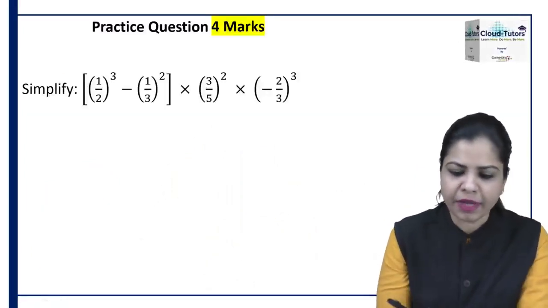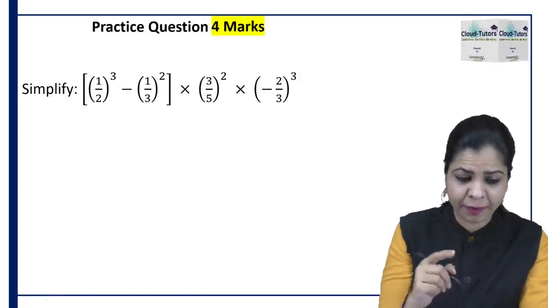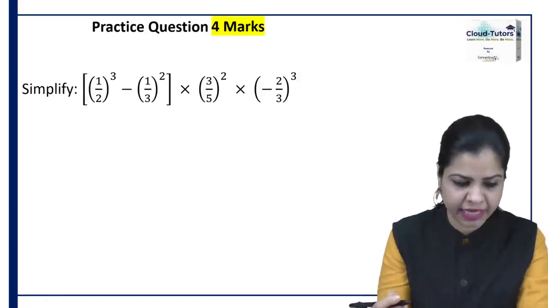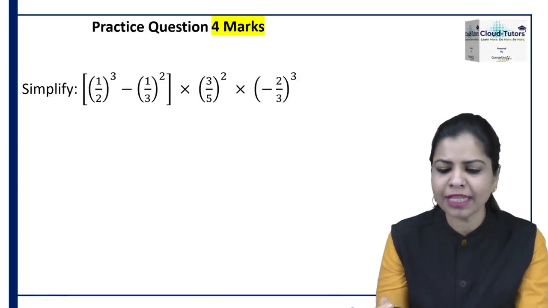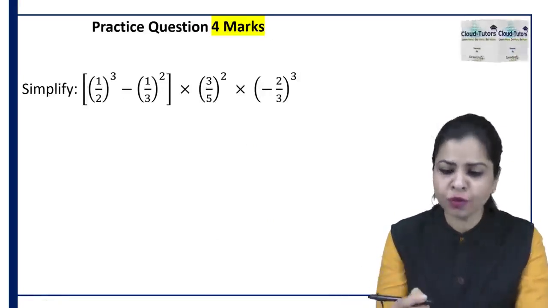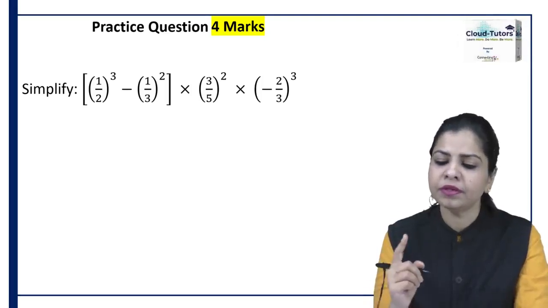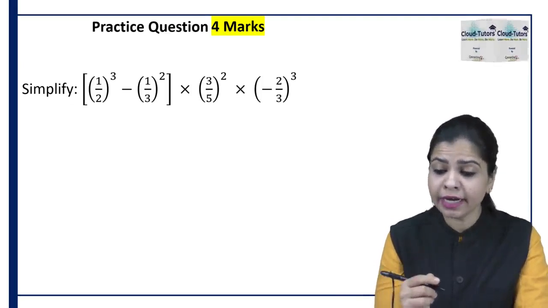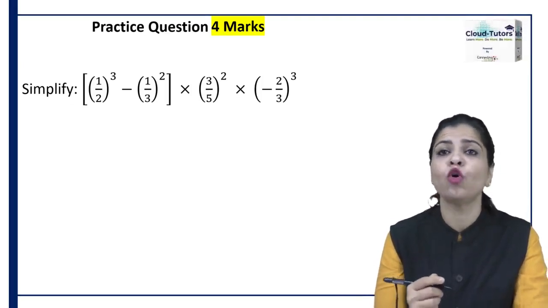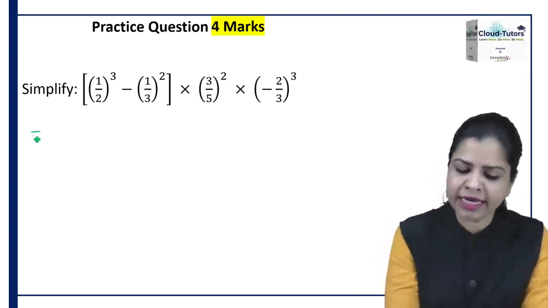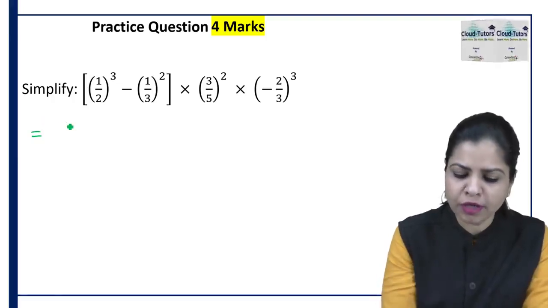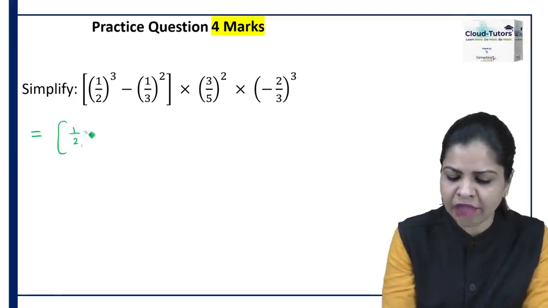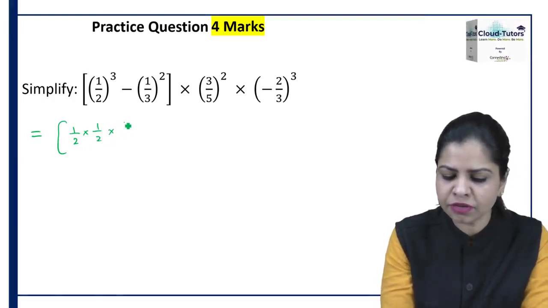Now (1/2)^3 minus (1/3)^2 into (3/5)^2 into (-2/3)^3. So again, let's use the BODMAS rule. Under the brackets, half into half into half.